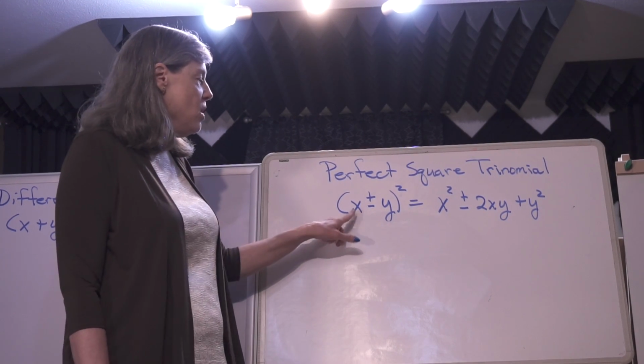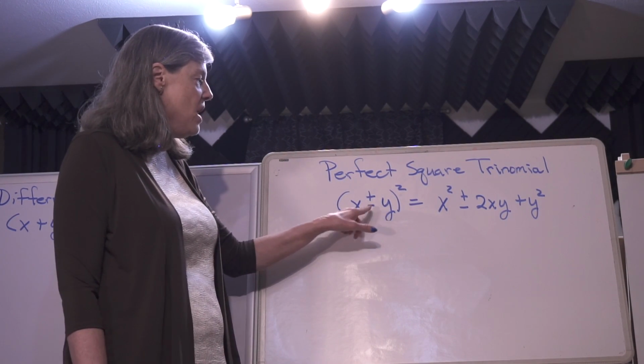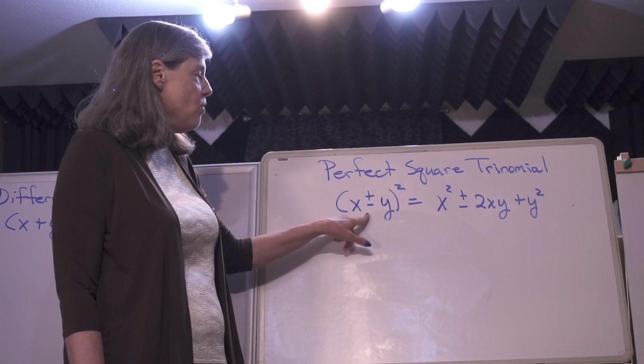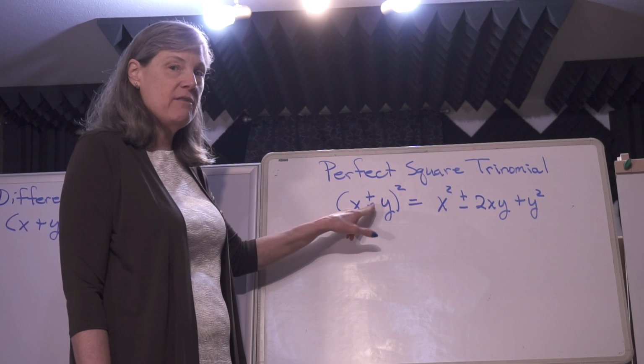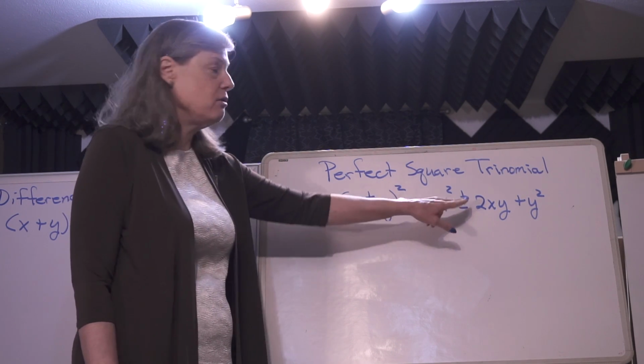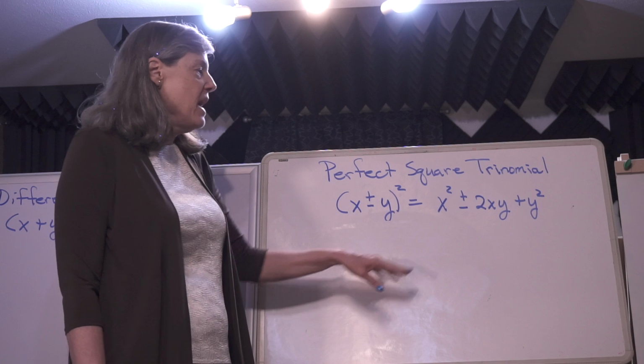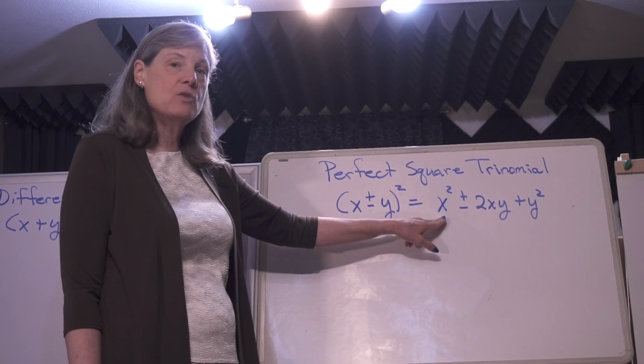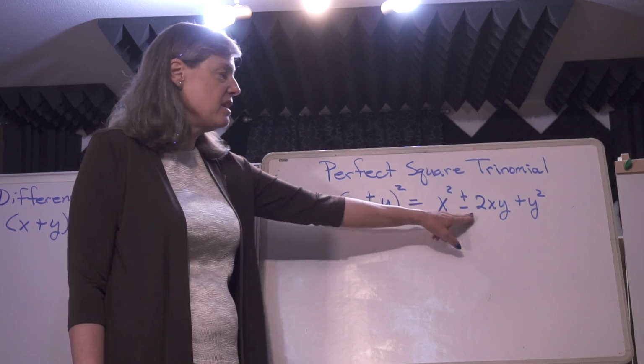Okay, so I have an x, I have a y. Whatever this sign is in our problem is the sign that goes here, or vice versa. This pattern goes into, this is our x, we take it and we square it. Then whatever this sign is will be this one.